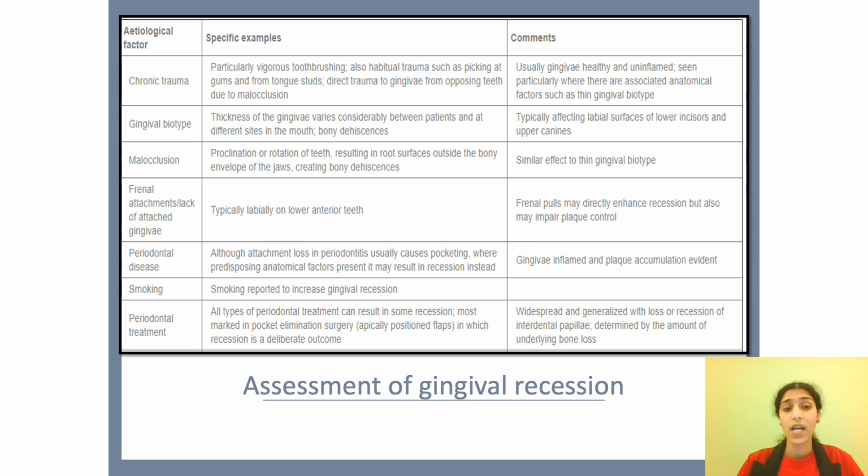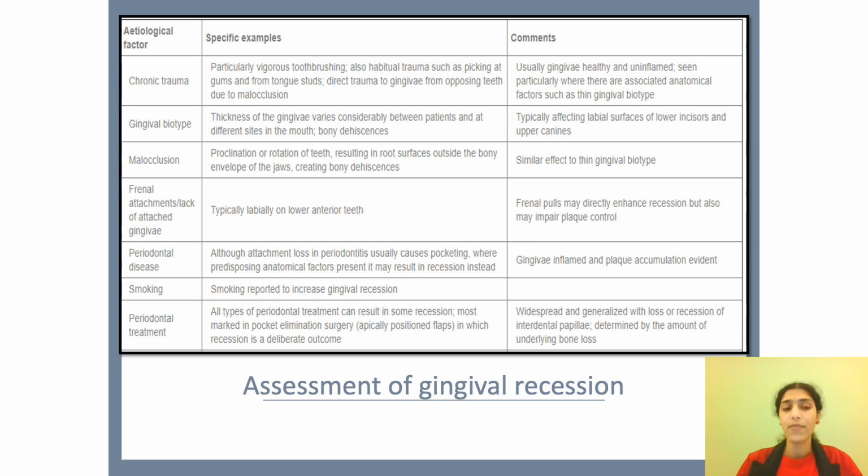Frenum, of course, high frenal attachment, as we mentioned during the last class about the types of frenum, papillary and papillary penetrating type of frenum. The frenal pull may directly enhance the recession, and it also impairs proper plaque control. And periodontal disease itself can cause pocketing, but if there is a thin phenotype, that can cause even gingival recession.